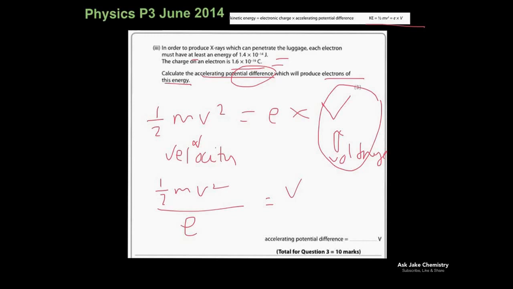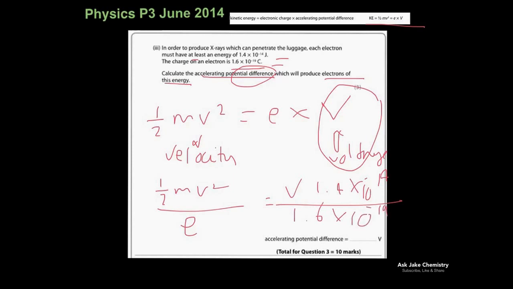What you need to do is understand what these mean. One of them actually gives you the half mv squared, and this is 1.4 times 10 to the negative 14, divided by the electron charge, which is 1.6 times 10 to the negative 19.